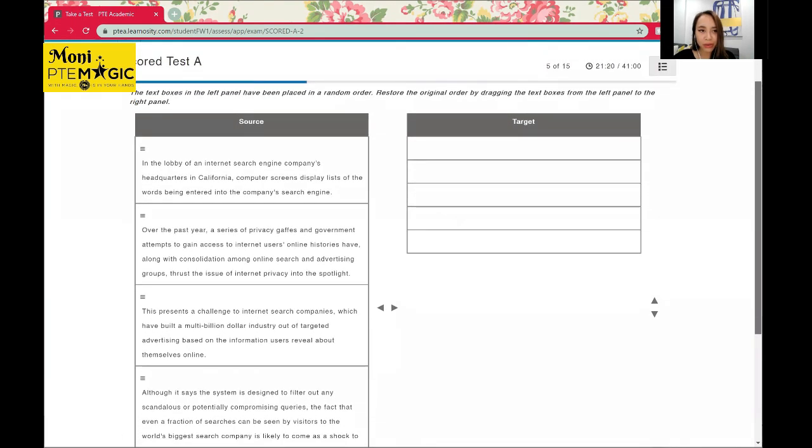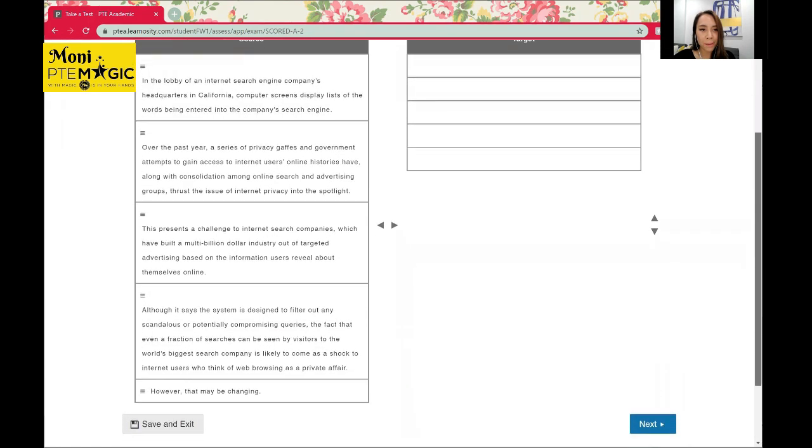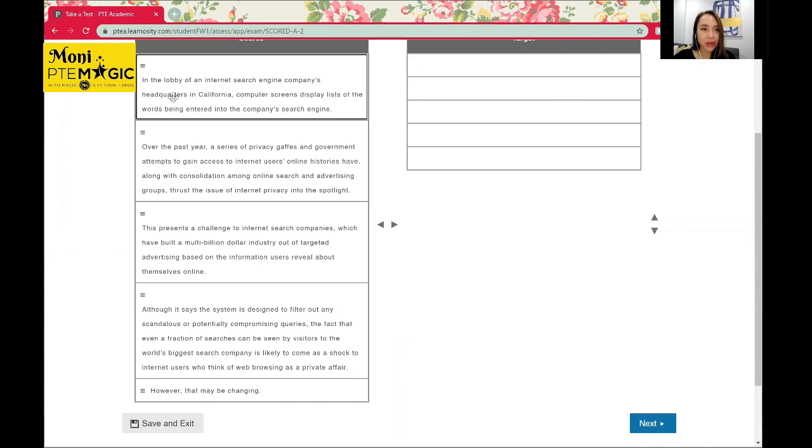Okay, with reorder paragraph, what we're going to do is we're going to find, firstly, a topic sentence. Okay, in the lobby of an internet search engine company's headquarters in California, computer screens display lists of words being entered into the company's search engine.